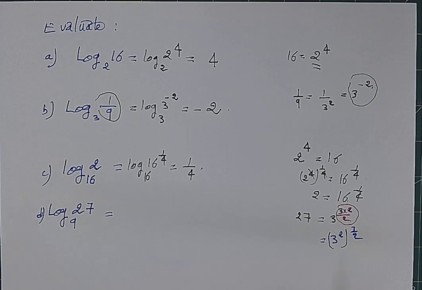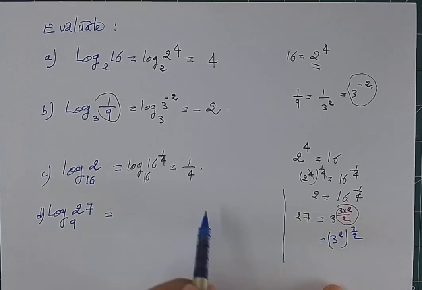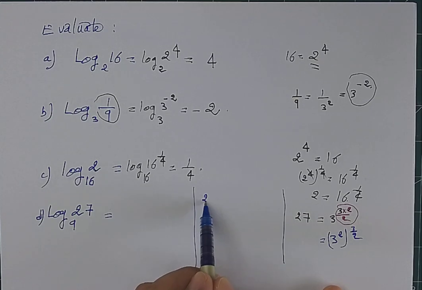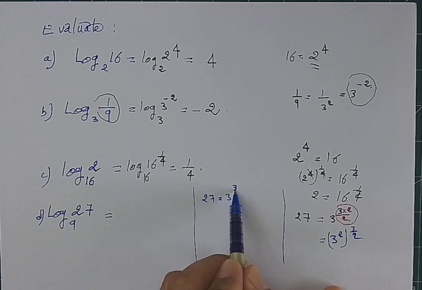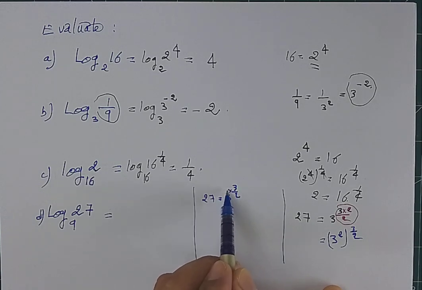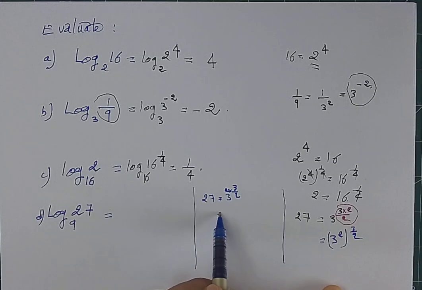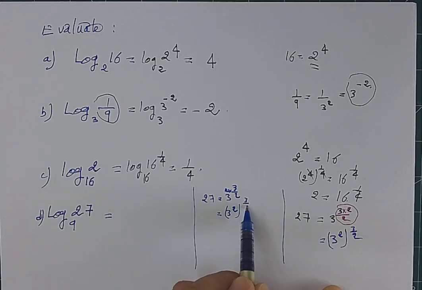It is clear that in the first one we have 27 equals 3 to the power 3, but this 3 I can multiply by 2 and divide by 2. So it equals 3 squared, to the total 3 over 2.